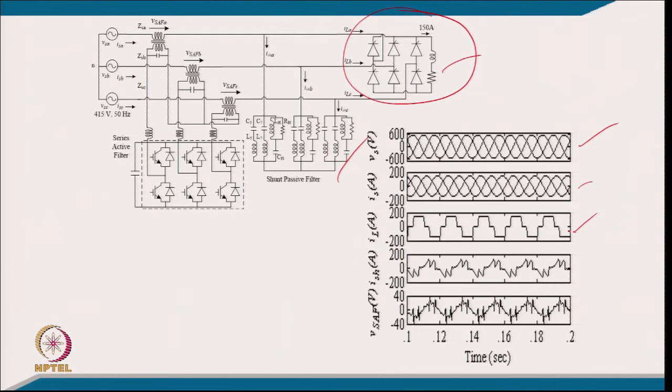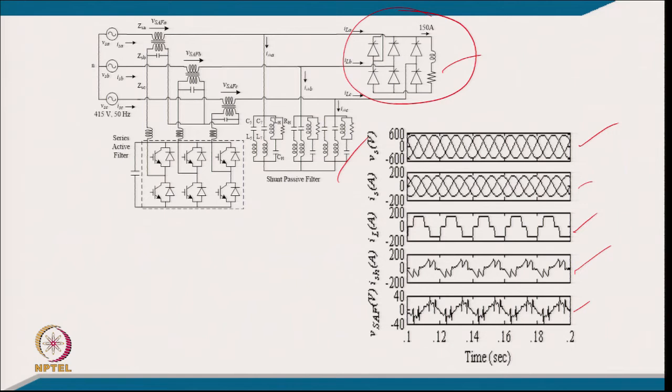The difference of these two is provided by the shunt filter, and the series filter is responsible, with a small voltage, to push all the harmonic current into the passive filter, along with the reactive current.